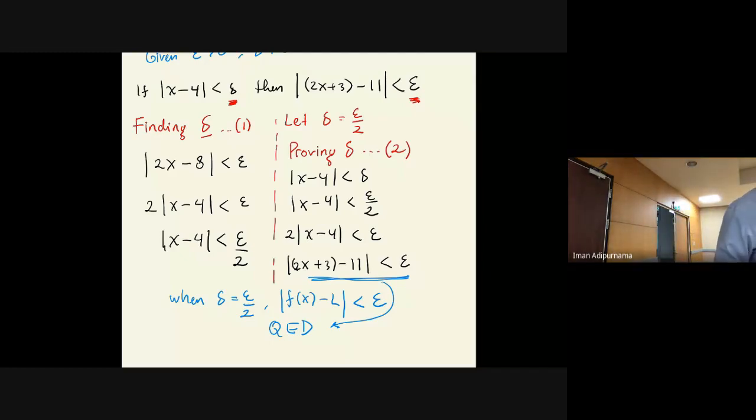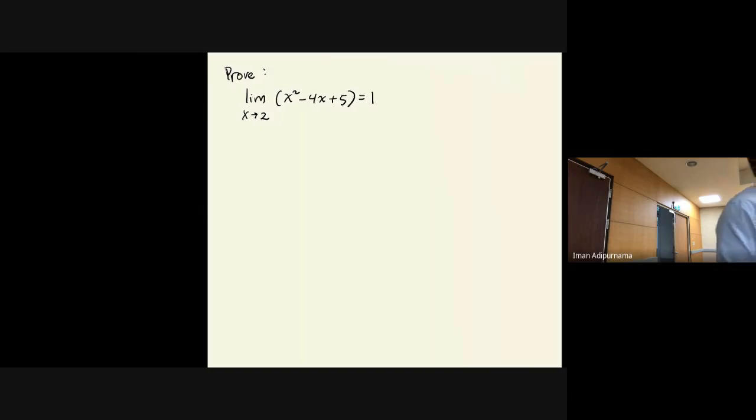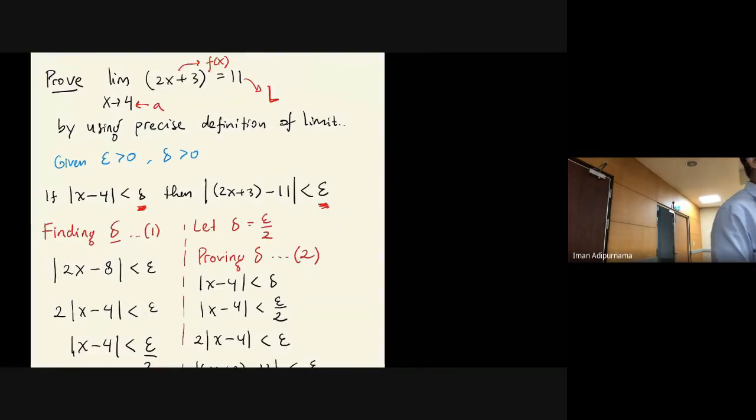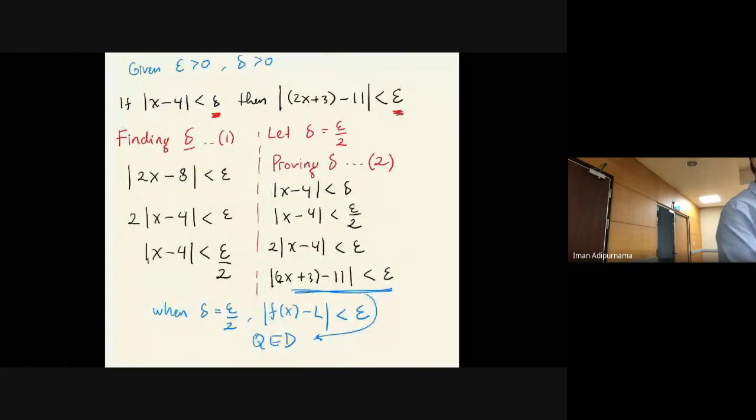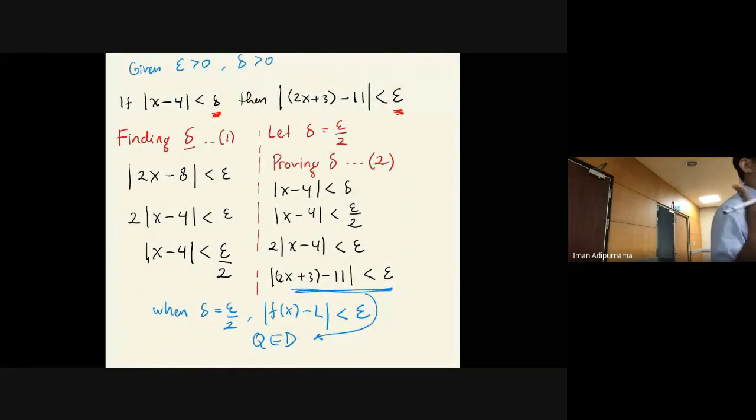Or do you want to try to solve the proof? Do you want to see the last page or is it enough? Don't worry, I will upload the notes later.